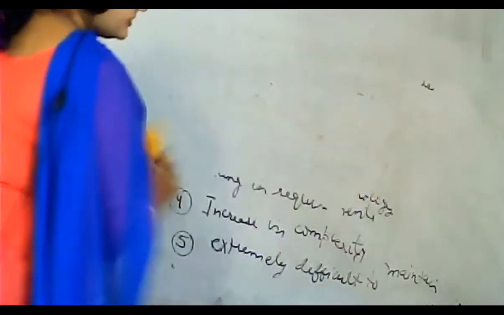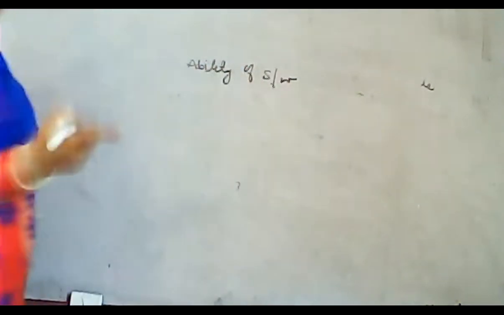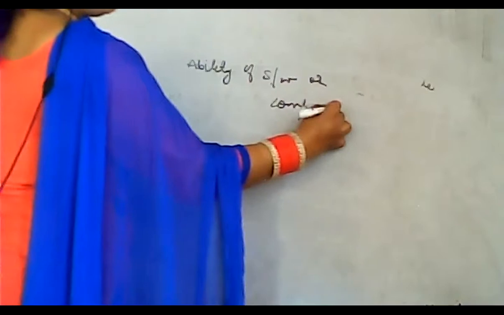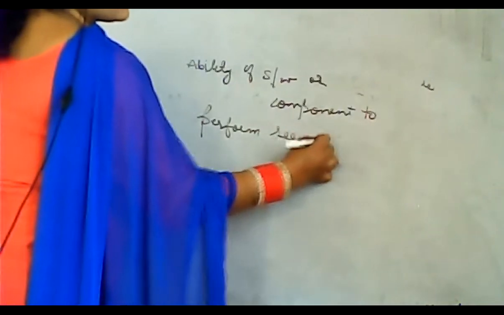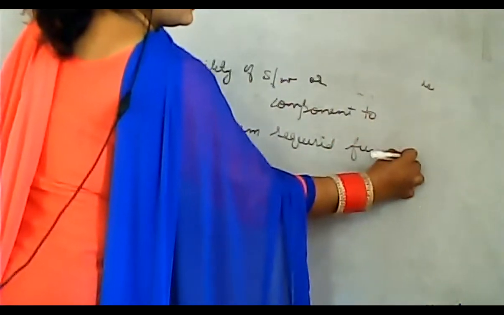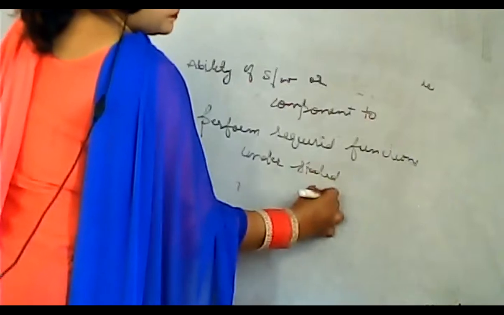Software reliability is basically an ability of a software system or component to perform its required function under stated conditions for a specified period of time.